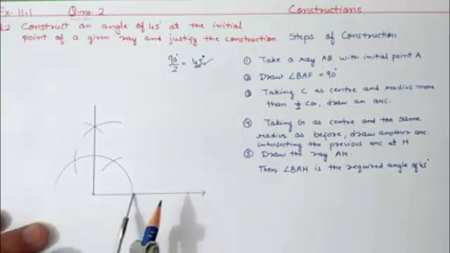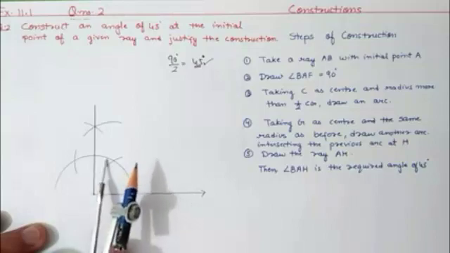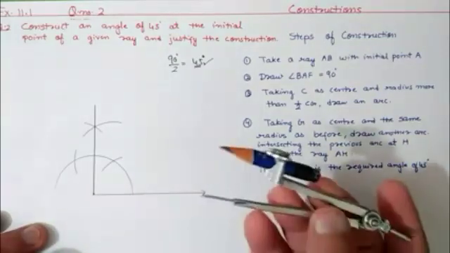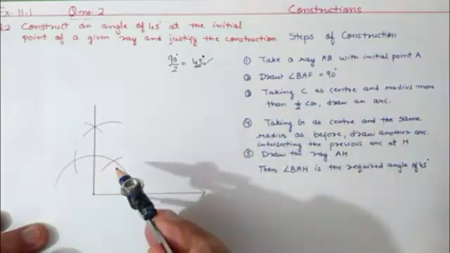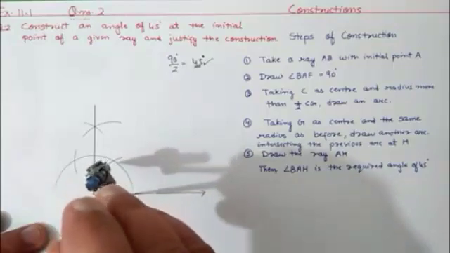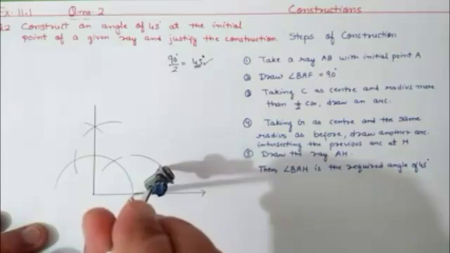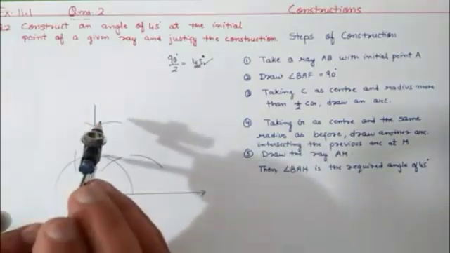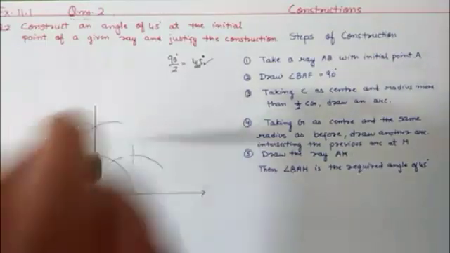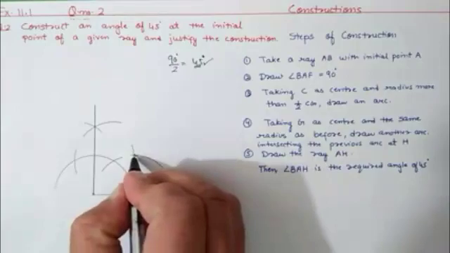If we want to make half of 90 degree, we have to make its perpendicular bisector. So how will we make its perpendicular bisector? From the first arc, from where we drew 60 degree, we have to make one more arc. Now keeping the center at the 90 degree point, we will intersect one more arc.